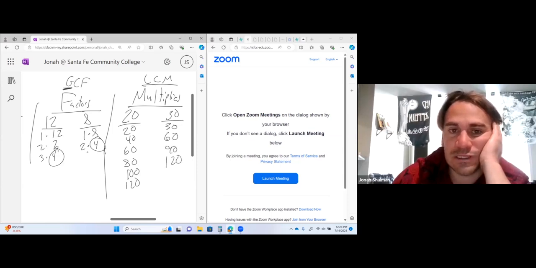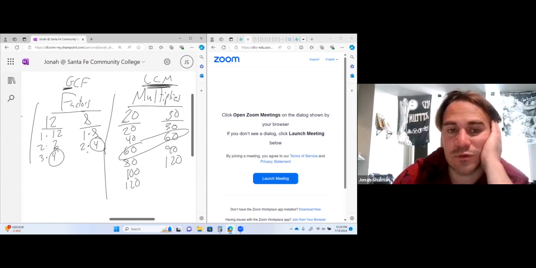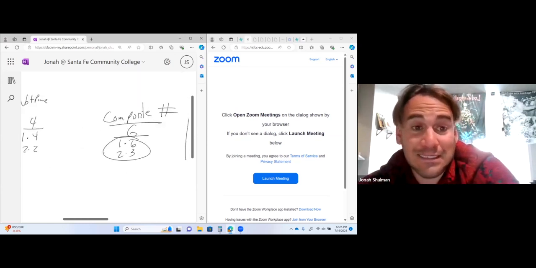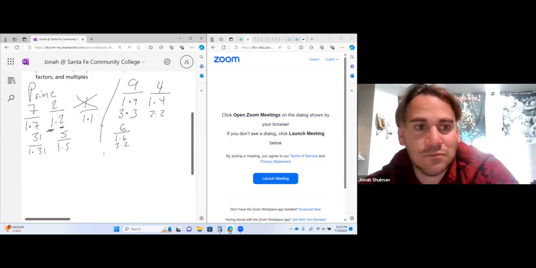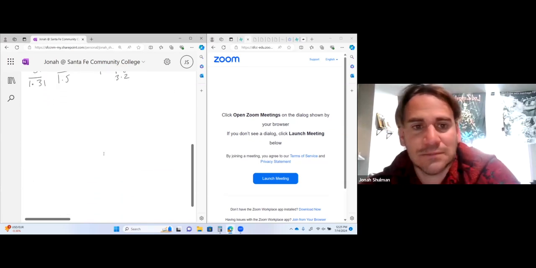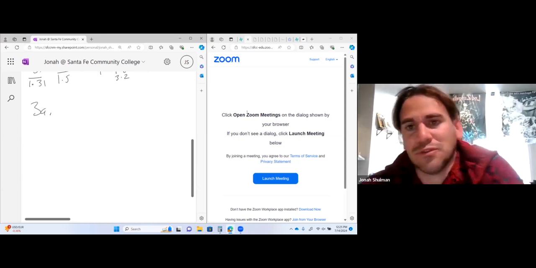But they want the least, the smallest number that they match, and that is 60. So the least common multiple of 20 and 30 is 60. That's literally everything for 3A in like 5 seconds. But I'm going to show you a bunch of ways to see the problems just for fun, and you can practice. There's a nice little quiz on this, but let's jump into it.